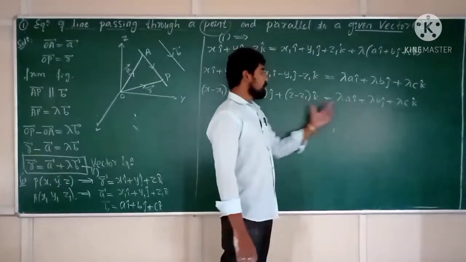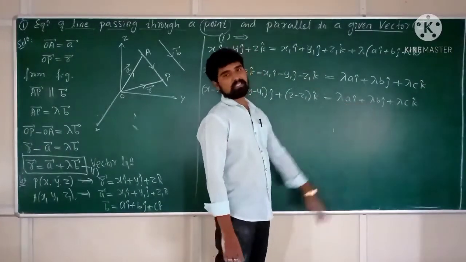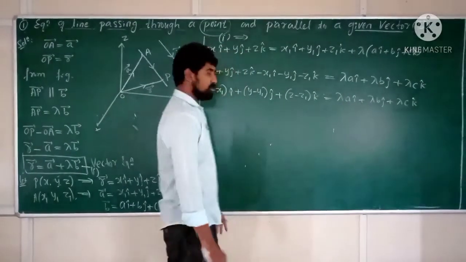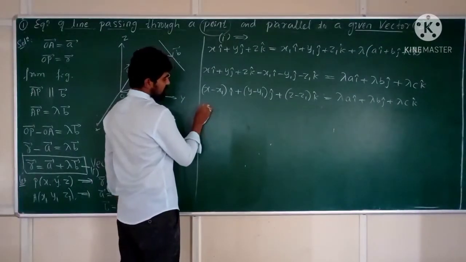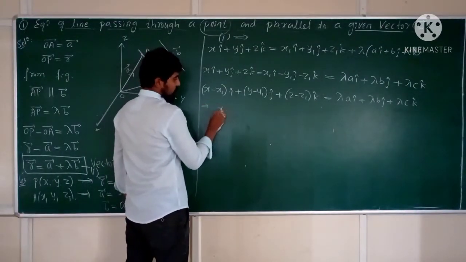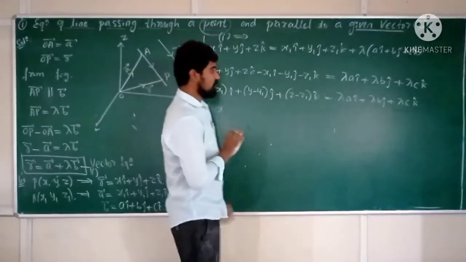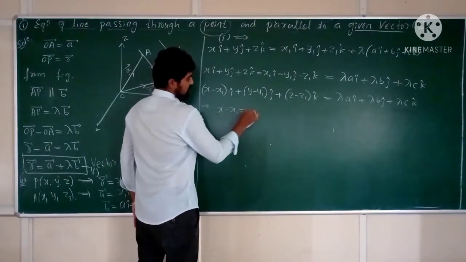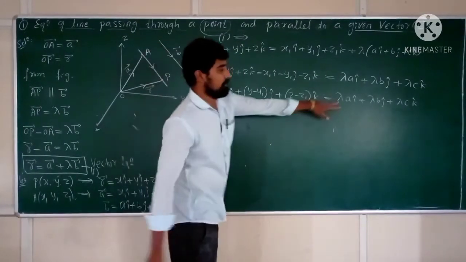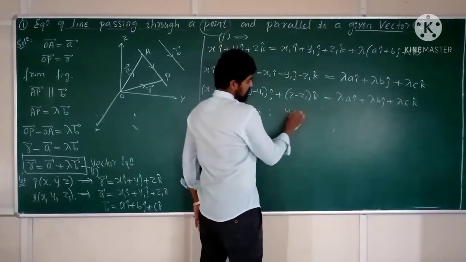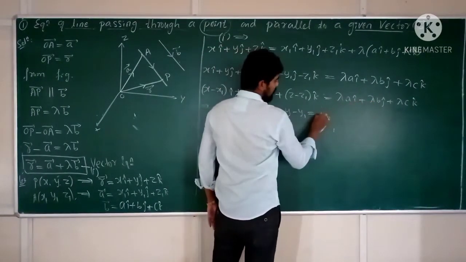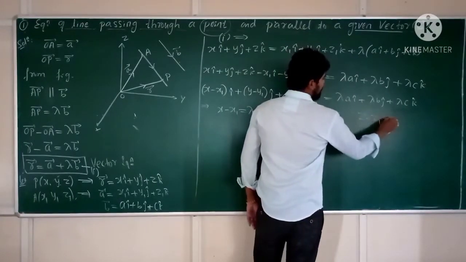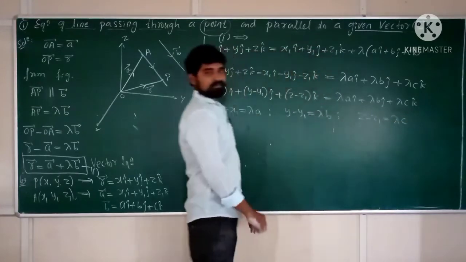We know that if two vectors are equal, it means their corresponding coefficients of i, j and k are equal. So from the definition of equality of vectors, we may write that the coefficient of i on the left side should be equal to the coefficient of i on the right side. It means x minus x1 equals lambda times a, y minus y1 equals lambda times b, and z minus z1 equals lambda times c.